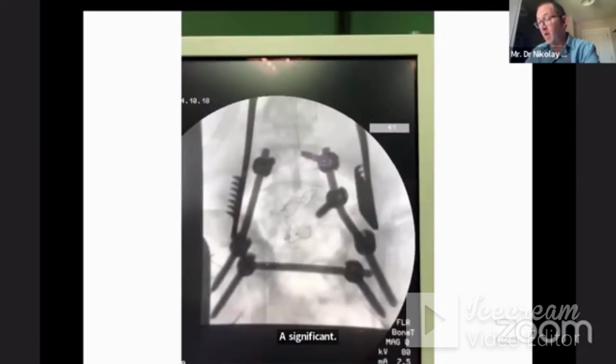This is the method of fixation that I use, full decompression of this kind of fracture, and I do both lumbo-pelvic fixation and pelvo-pelvic fixation, or ilio-iliac fixation, and in my hands this gives the best results. And this is the lateral view after decompression and fixation.